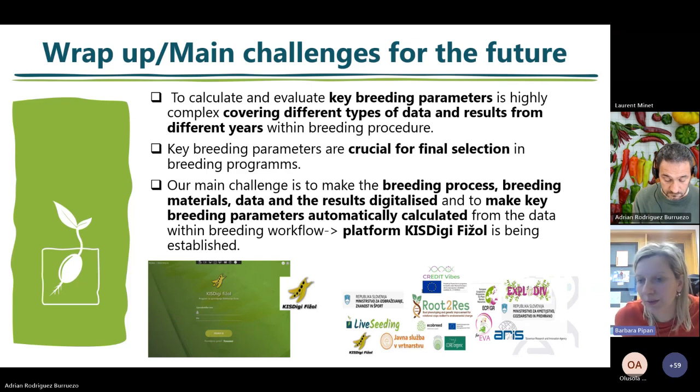We started with that because you can imagine that the 10 years needed from the first crosses to the final registration of the varieties is a long period, and a lot of data and results are collected and recorded, and should be organized, and it's very important that it is organized in the correct way and that it is traceable. So that's why we hope this platform will help us to reach this goal.